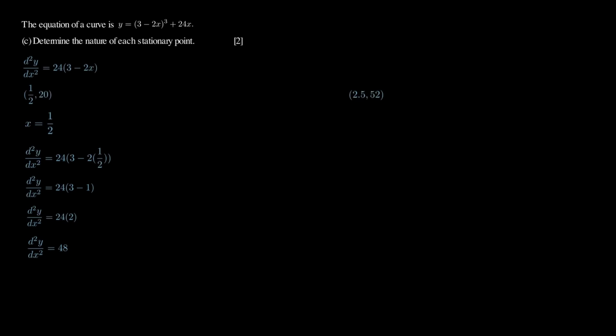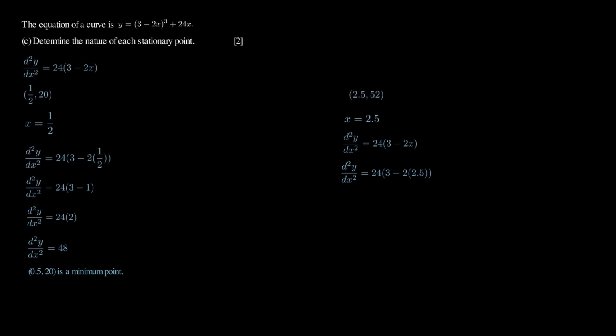Now because it is positive, we can say the stationary point half and 20 is going to be a minimum point. Now let's try to double check the other stationary point, which was 2.5 and 52. So if x is 2.5, we just need to plug that into the second derivative, which would be 24 multiplied by 3 minus 2 times 2.5.